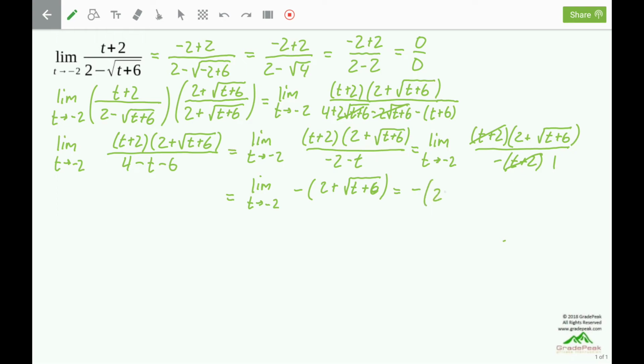So we have the negative of 2 plus the square root of -2 plus 6, which is the negative of 2 plus the square root of 4. So that's going to be the negative of 2 plus the square root of 4 is a 2. 2 plus 2 is a 4. We therefore end up with -4.